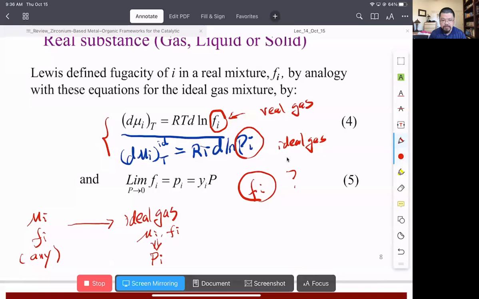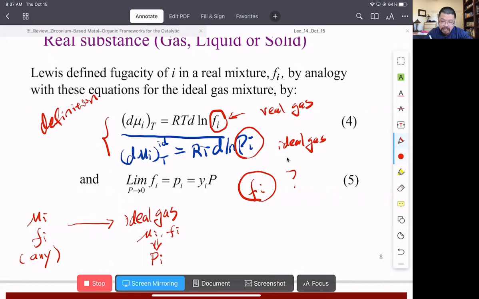Okay, so that is sort of the connection between ideal gas and all of the other systems: real gases, liquid mixtures, solid mixtures, or any mixtures you can come up with. Now, this is the so-called definition of the fugacity.